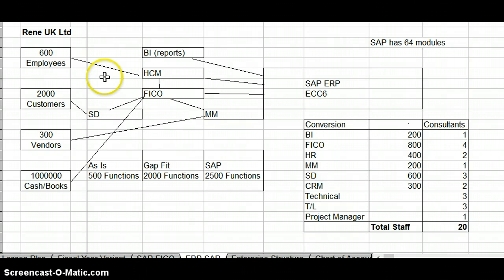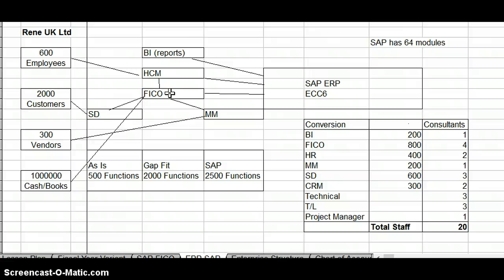The second, then after the data from the 600 employees goes to the Human Capital Management module, it will also tie into the FICO, that's the Finance and Controlling module, because everything that's done in the company has to go through Finance and Controlling if it's relating to any kind of money.